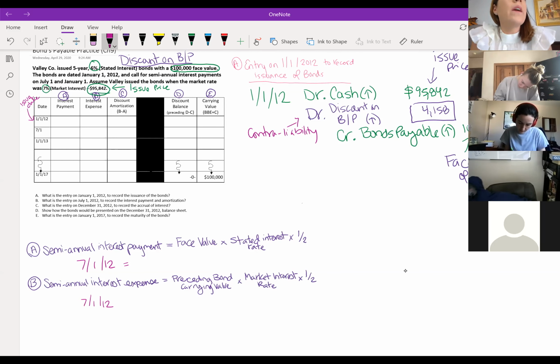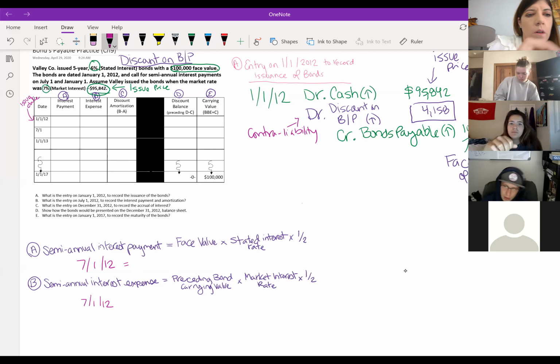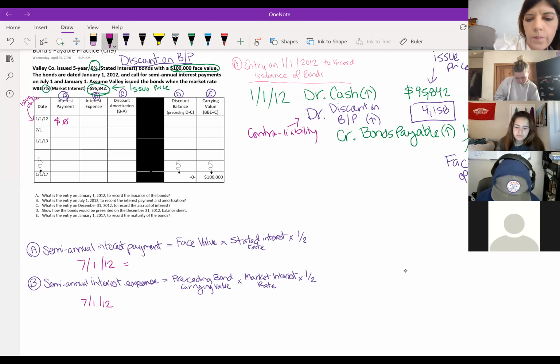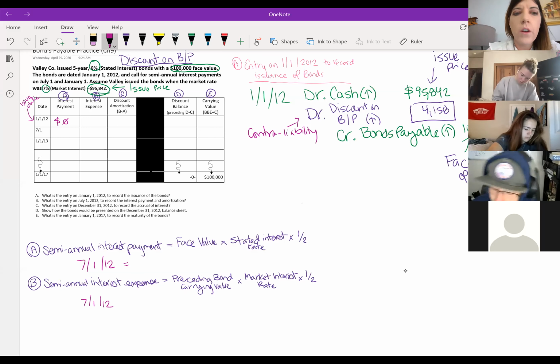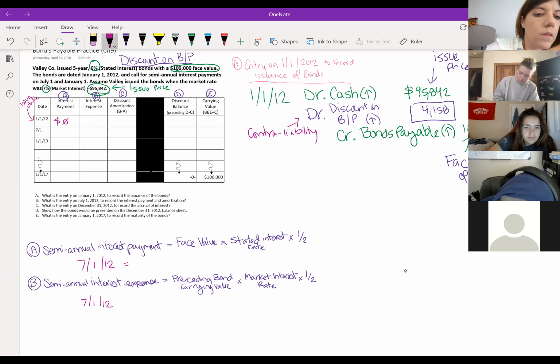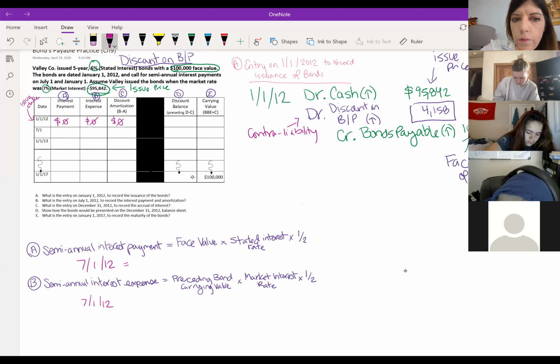And when we issue the bonds, are we paying out any interest on this date? No. So you're just going to put in a 0 or a dash. And if we're not paying out any interest, have we incurred any interest on the date we issue it? Nope. We just newly released them. So there's no amortization of that discount yet.